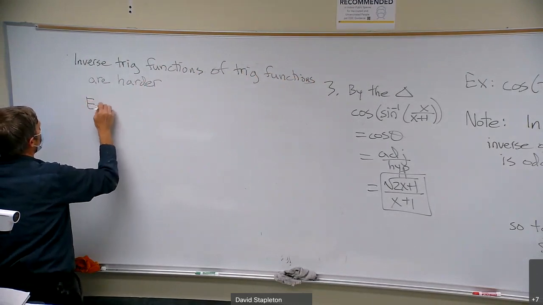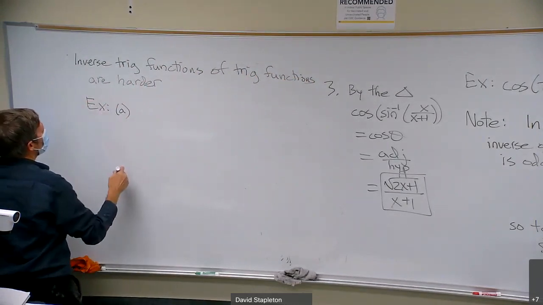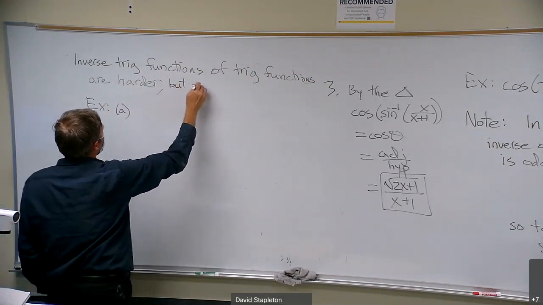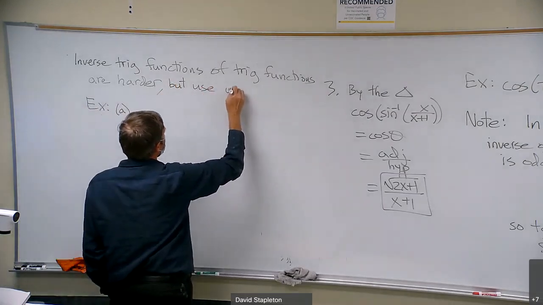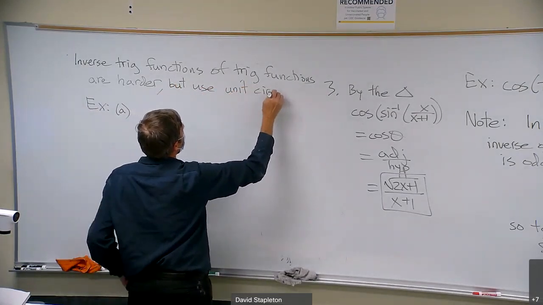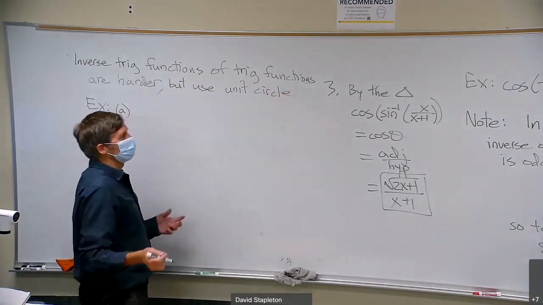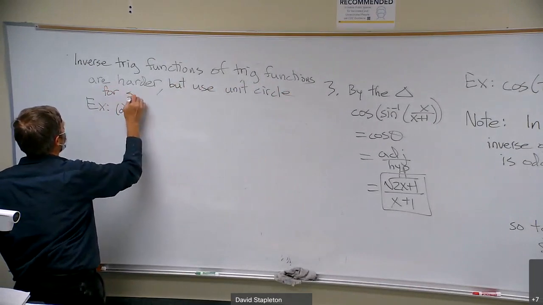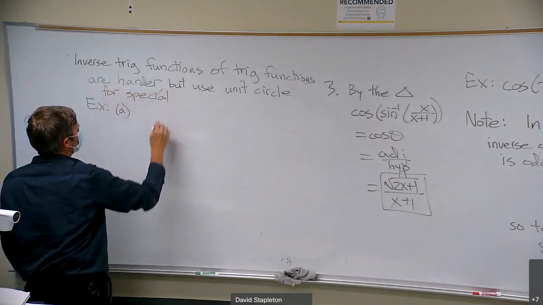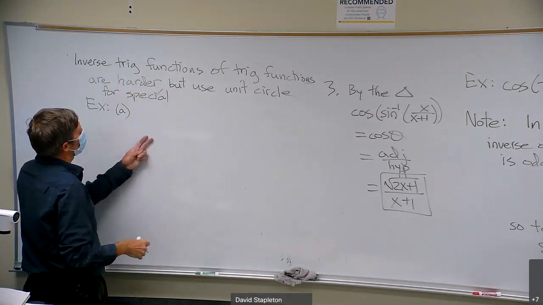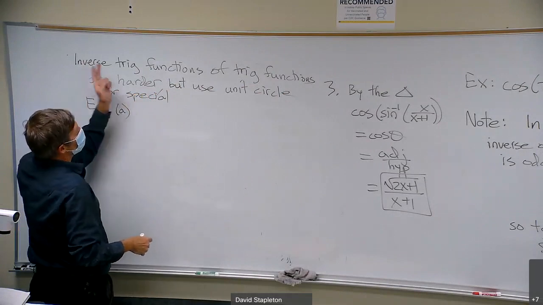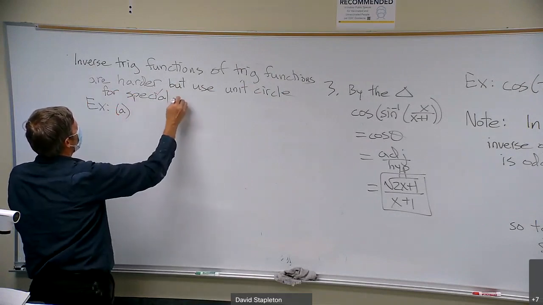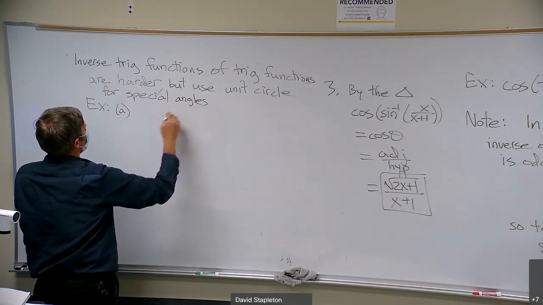For example, use the unit circle for special angles. If you get stuck on any of these, try the unit circle. Often that's the thing. Most things are solved with the unit circle. You don't just get this nice algebraic formula like you did for trig functions of inverse trig functions. If it's inverse trig of trig, there's not a nice thing that works for all angles, but we can do it for special angles still. And for non-special angles, you just get a calculator approximation.